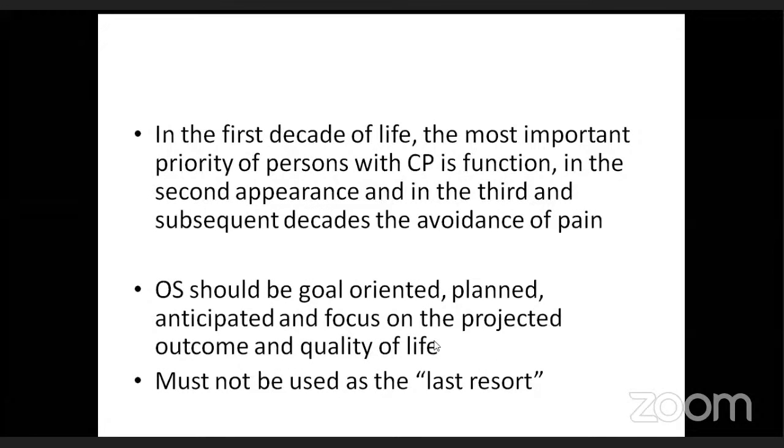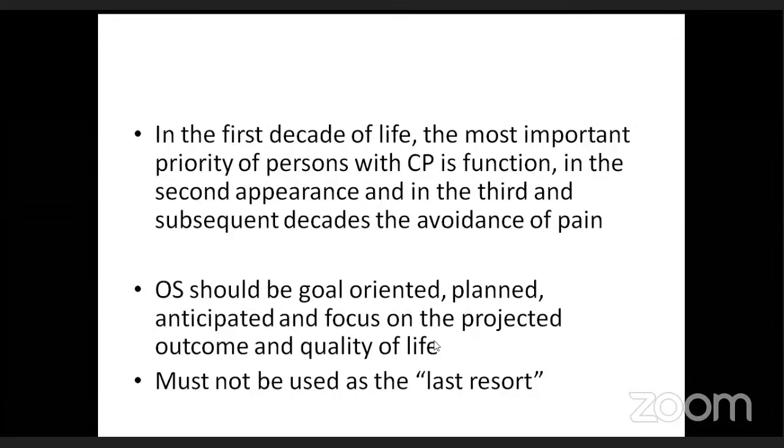So when you start treating such patient, in the first decade of life you have to aim for the function of the child. Function means how much independent he is. Second, for the second decade, you give importance to the appearance, how the child is looking, good or bad, or how many contractures you have, or where you have issues in terms of appearance for the child.